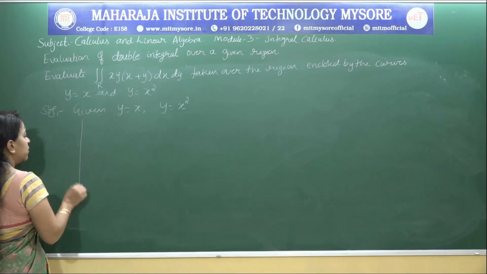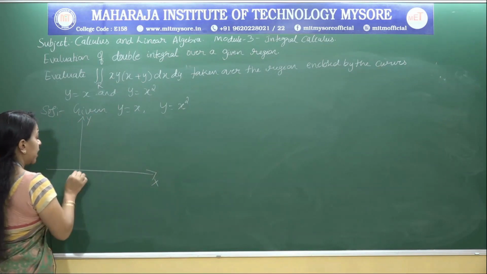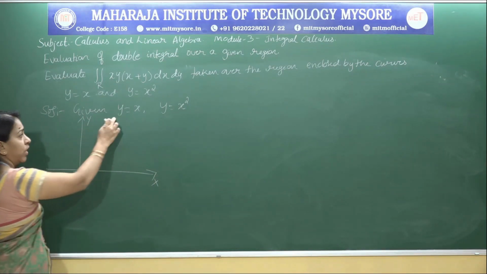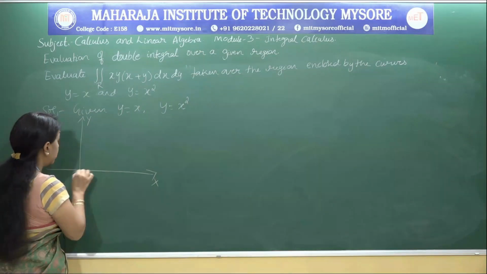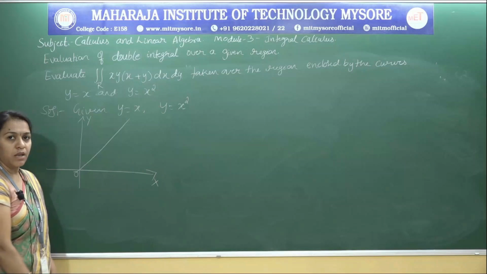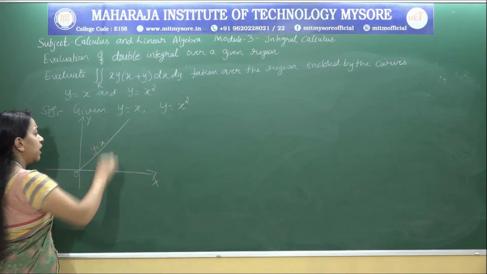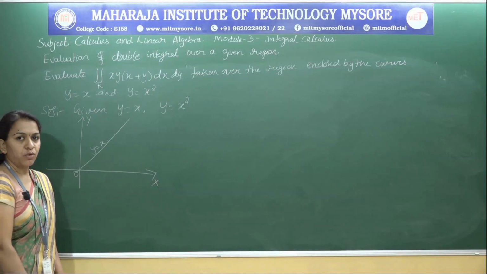So represent both the curves in a coordinate plane, that is the x and y axes. We have y equal to x, the equation of a line passing through the origin.